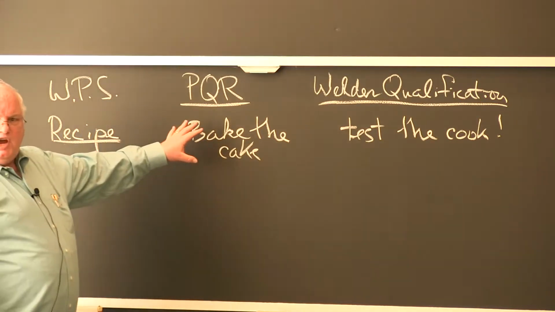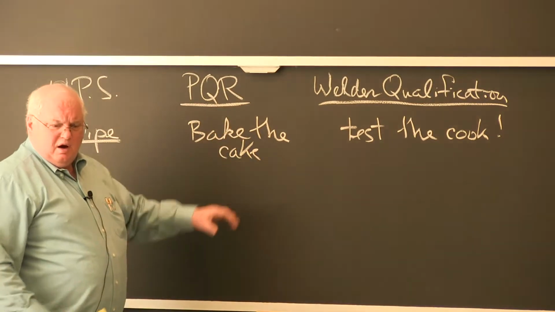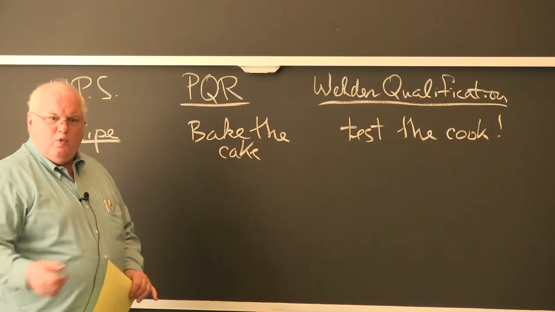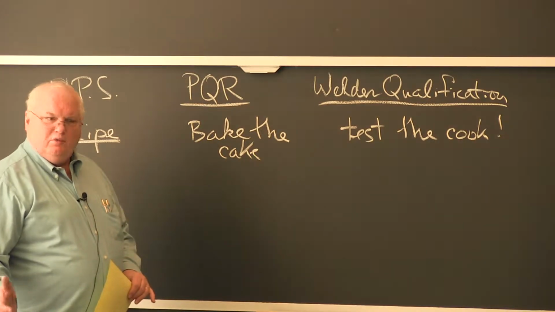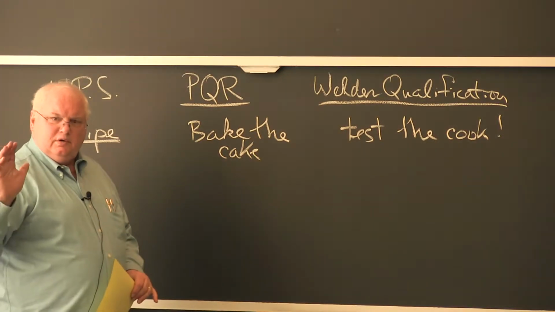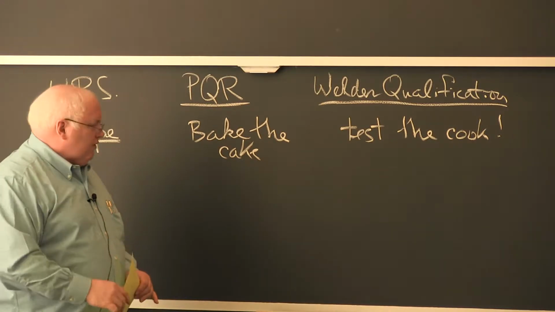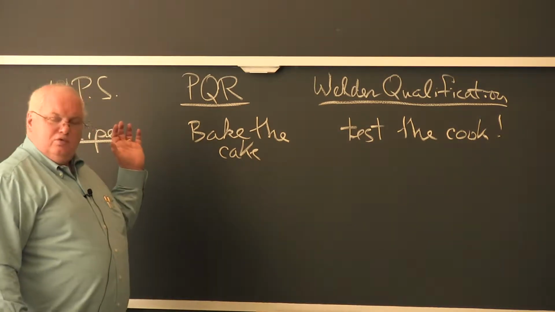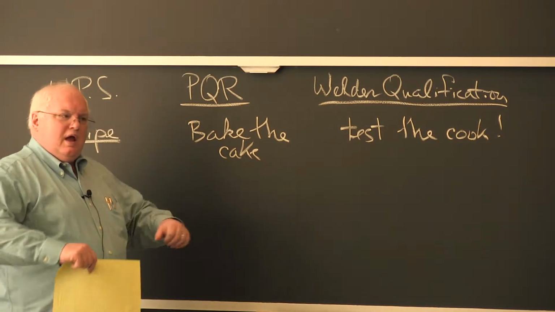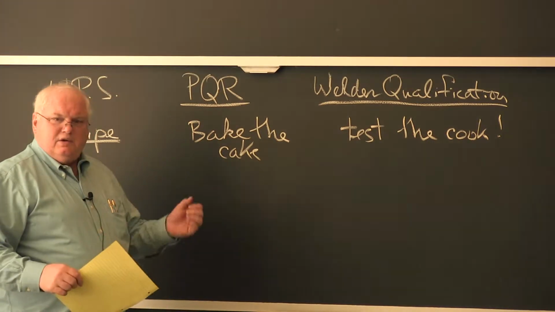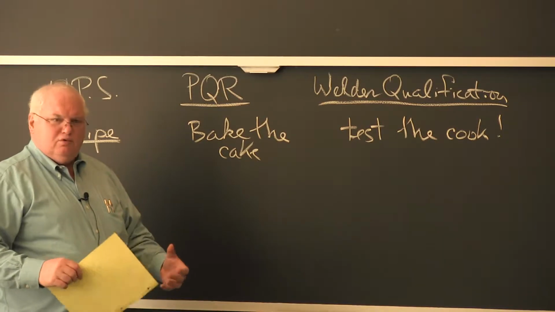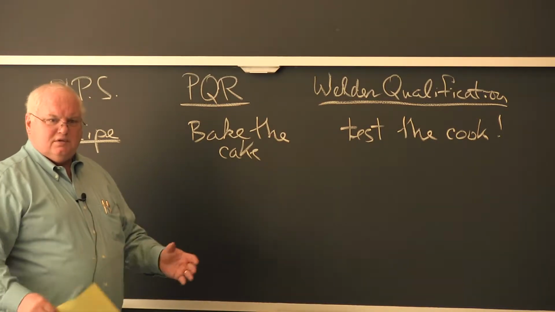The procedure qualification record means someone goes out there and they have a qualified welder make a weld on the material you're using, whether it's this particular aluminum alloy or whatever. You actually make the weld and you look at it visually, you x-ray it, you do magnetic particle, you break it open, do tensile tests.